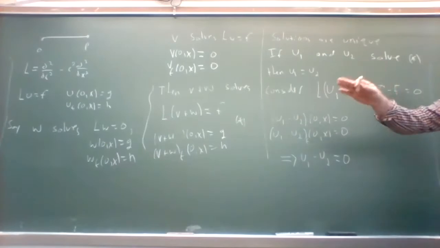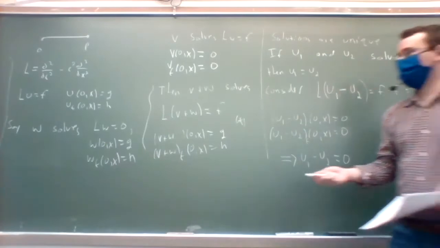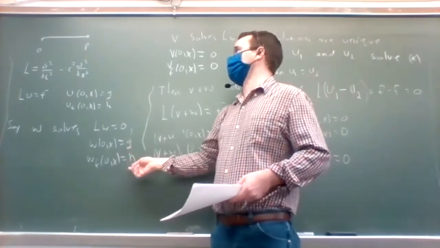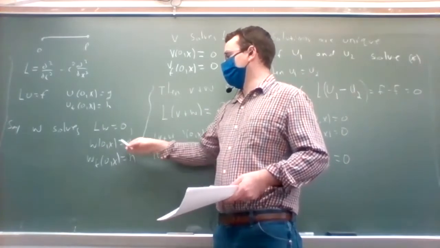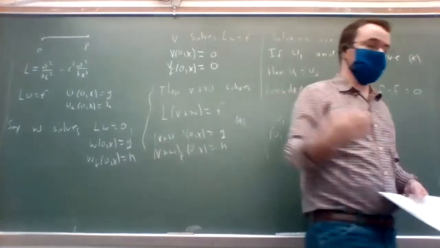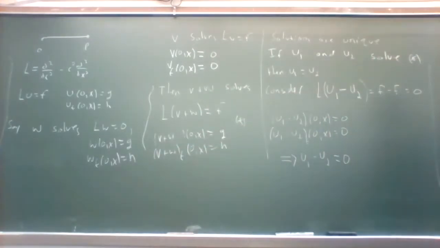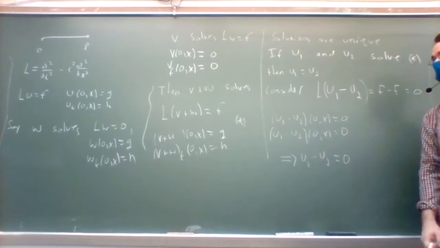And furthermore, to get it from 0 to L, if you were just given G and H from 0 to L, then you would take the odd extension and then use D'Alembert's formula, which applies to the whole real line.